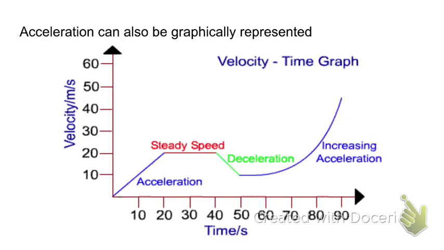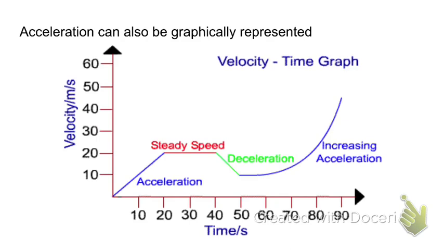And on the position time graph that showed us velocity, the horizontal line meant the object wasn't moving. On this graph, it means the object is moving at a constant speed. If you compare it to the x-axis, you can see that this person maintained a 20 meter per second velocity for the duration of that horizontal line.